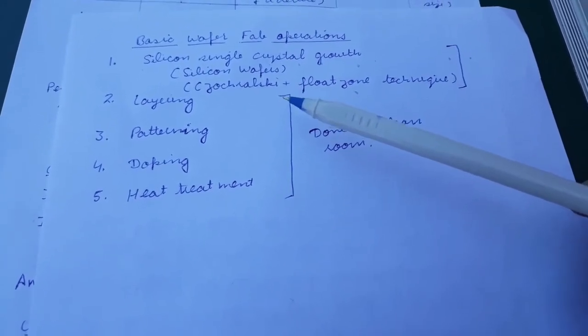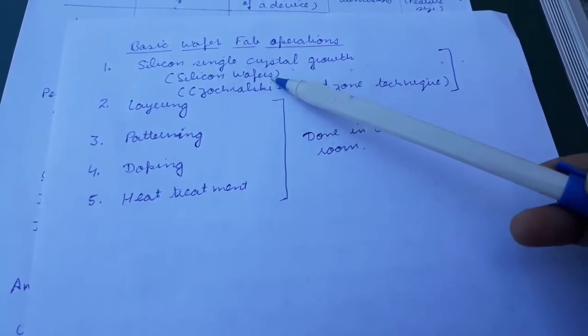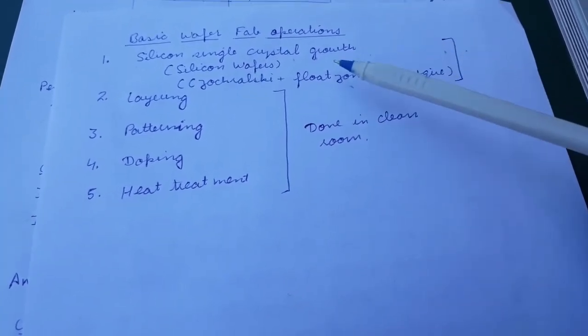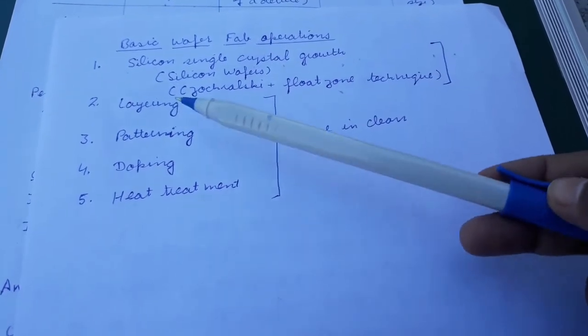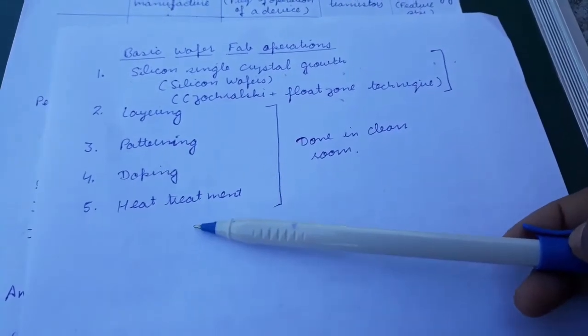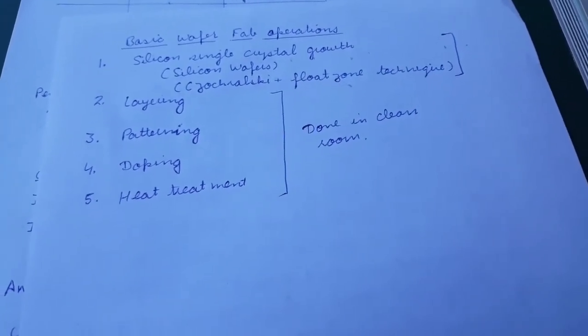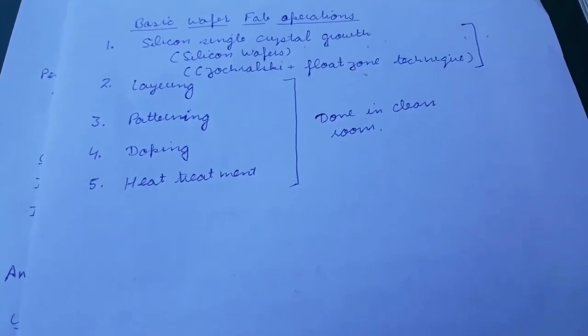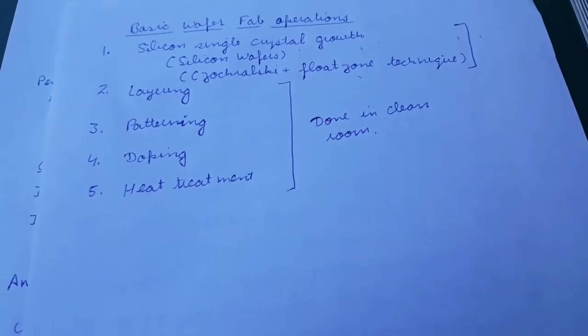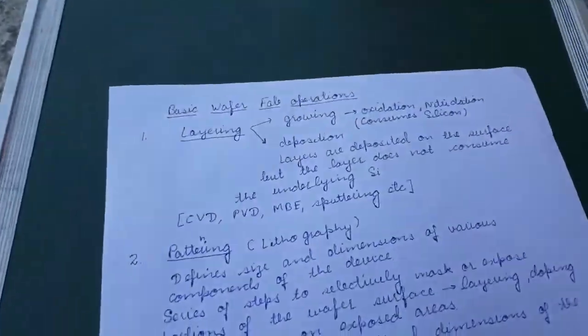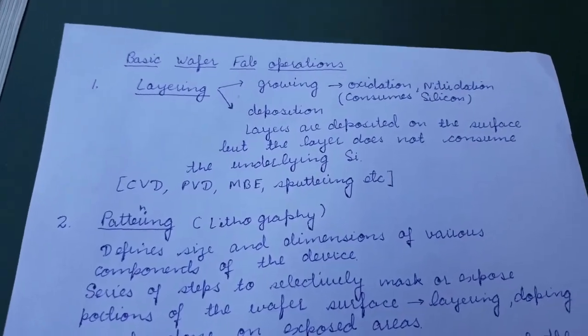To make a single crystal, a few techniques are used, for example the Czochralski technique or the float zone technique, which we'll be discussing later. And then layering, patterning, doping and heat treatment are the other steps that will be discussed. Single crystal growth does not take place in a clean room, but all the other steps are done in a clean room.